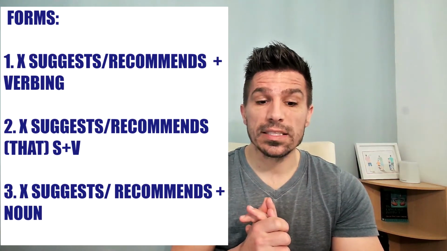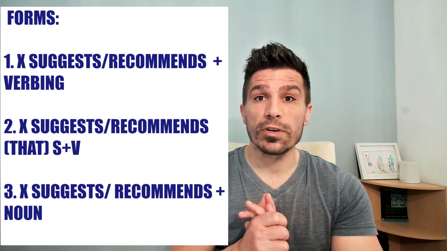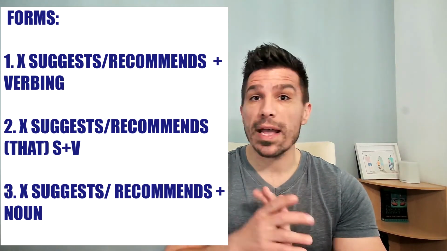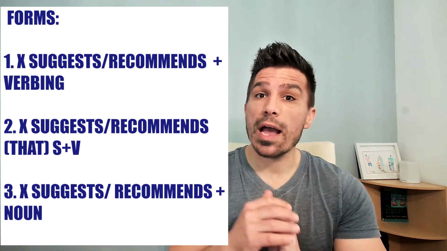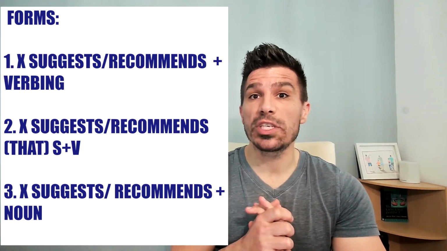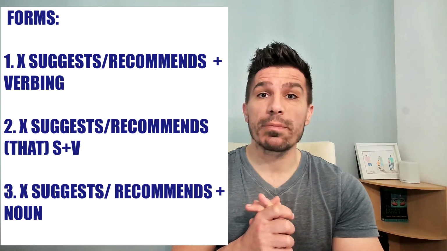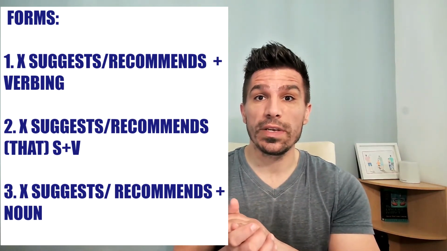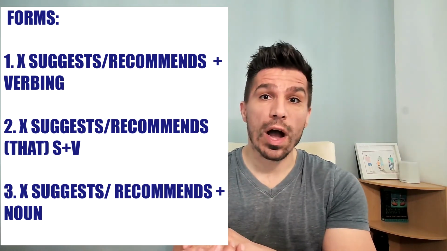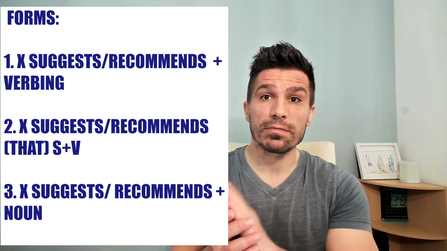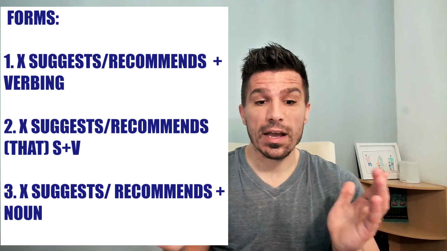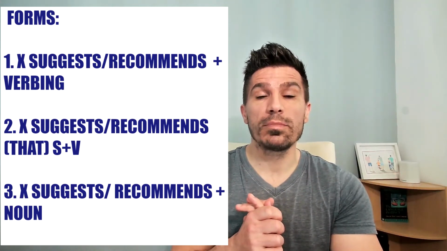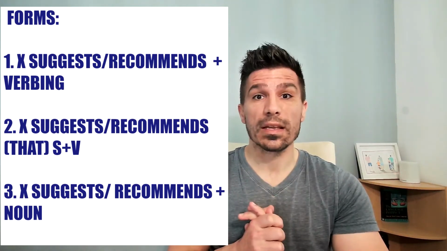After recommend and suggest, you can use verb ing. I recommend watching that movie. Perfect. You can use that subject plus verb. I recommend that you watch the movie, or I recommend you watch the movie. So subject, verb, or you can just have a noun. I recommend the movie to you, okay?